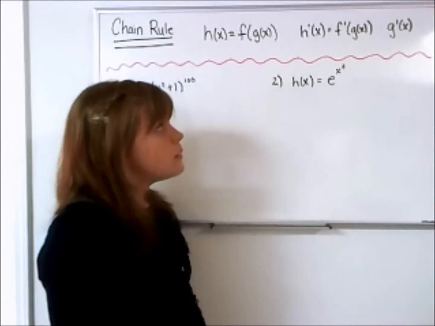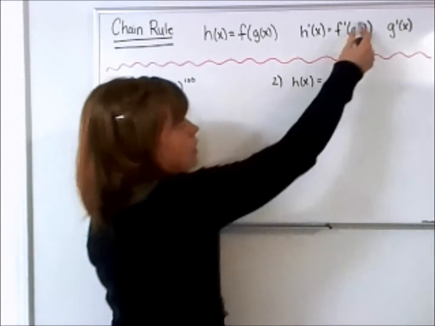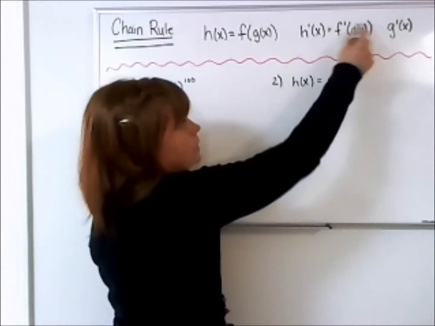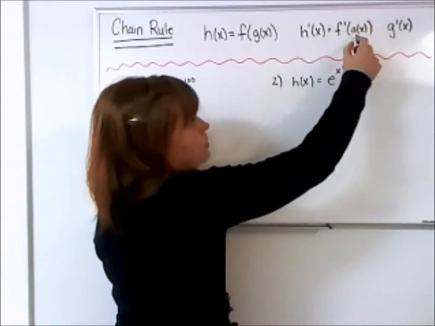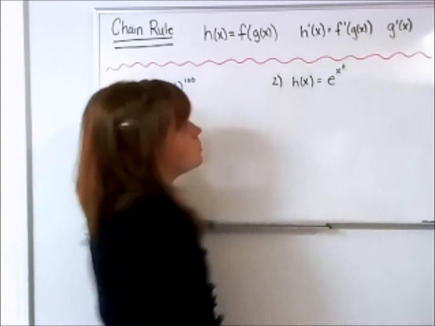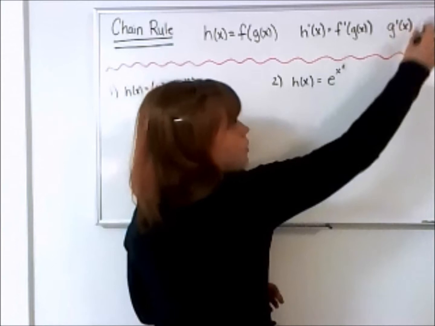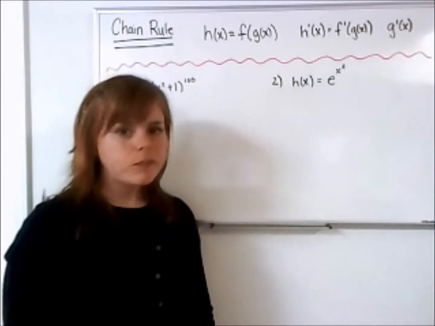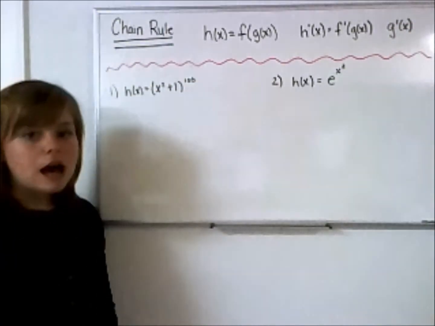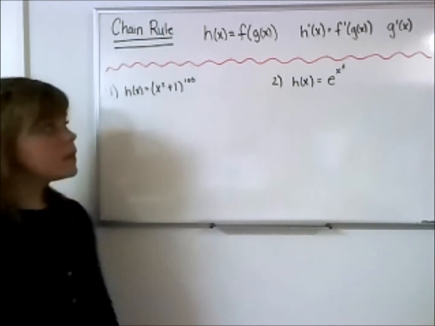So we're working our way from outside to in. We're taking the derivative of the outside function f, and we multiply it by the derivative of the inside function. And as these functions get more and more nested, we'll have more and more derivatives being tacked on. So let's look at a few examples to demonstrate using the chain rule.